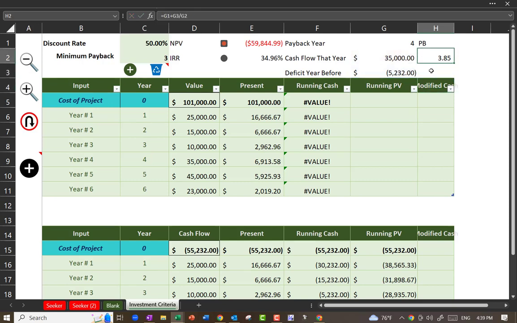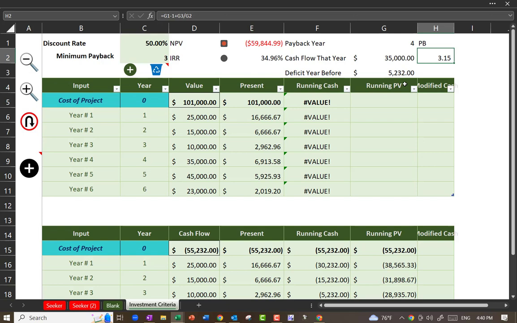So that's minus 1 plus deficit year before plus that. Okay. It's only about 1/6 of year 4 that has to elapse for me to recover 5232. This way, my payback period is also automatically calculated.